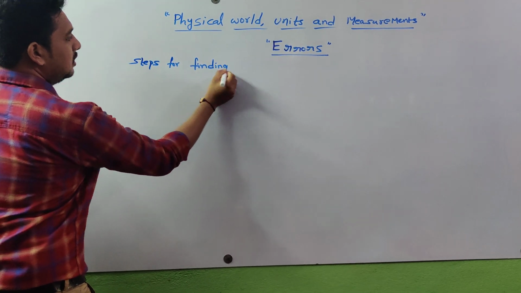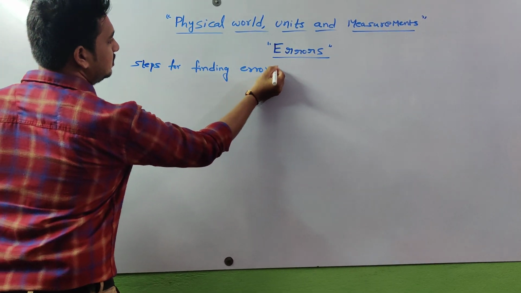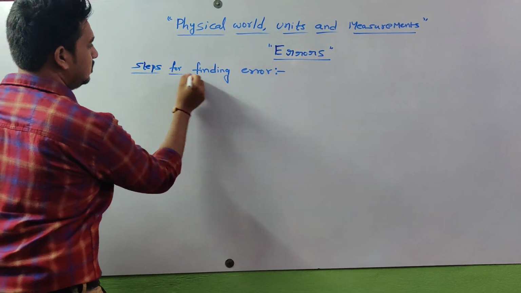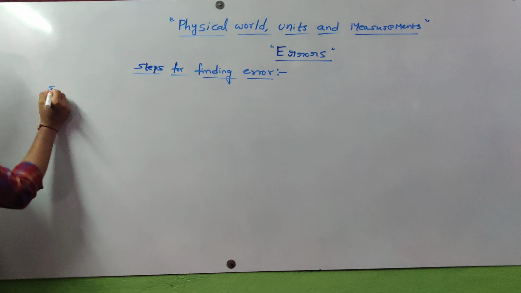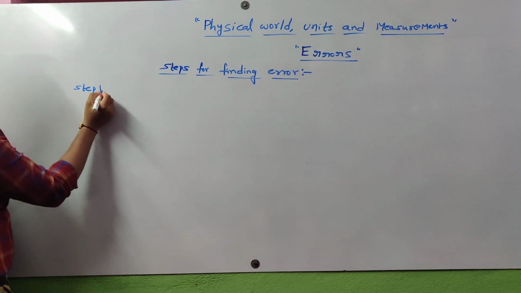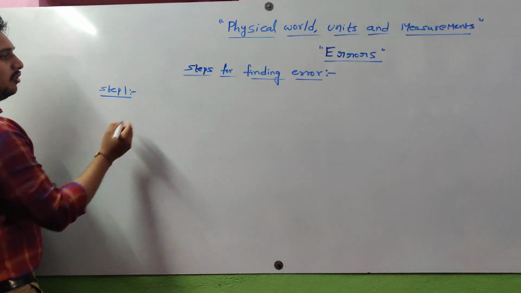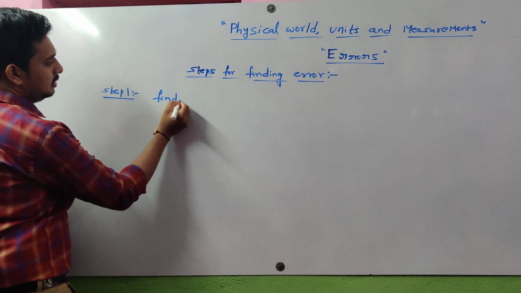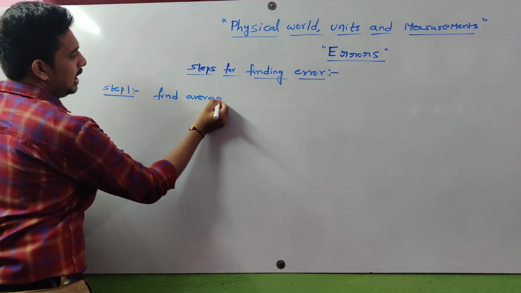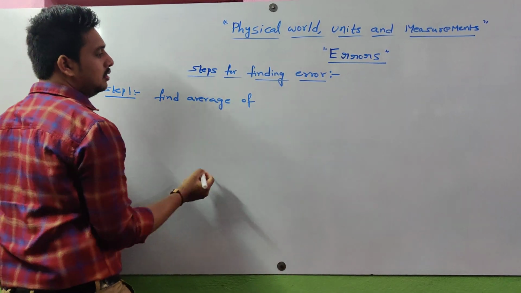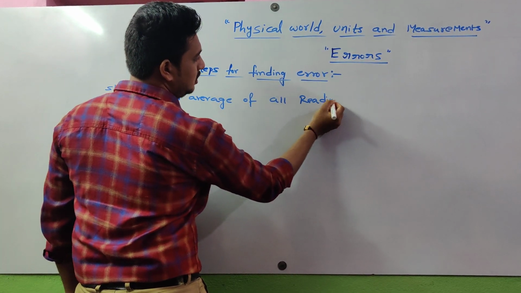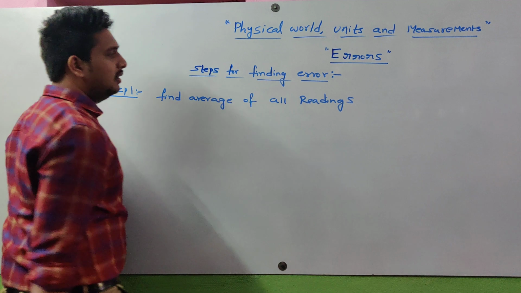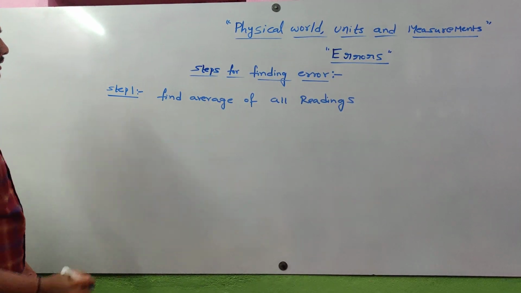Steps for finding error. Step 1: find the average of all readings.